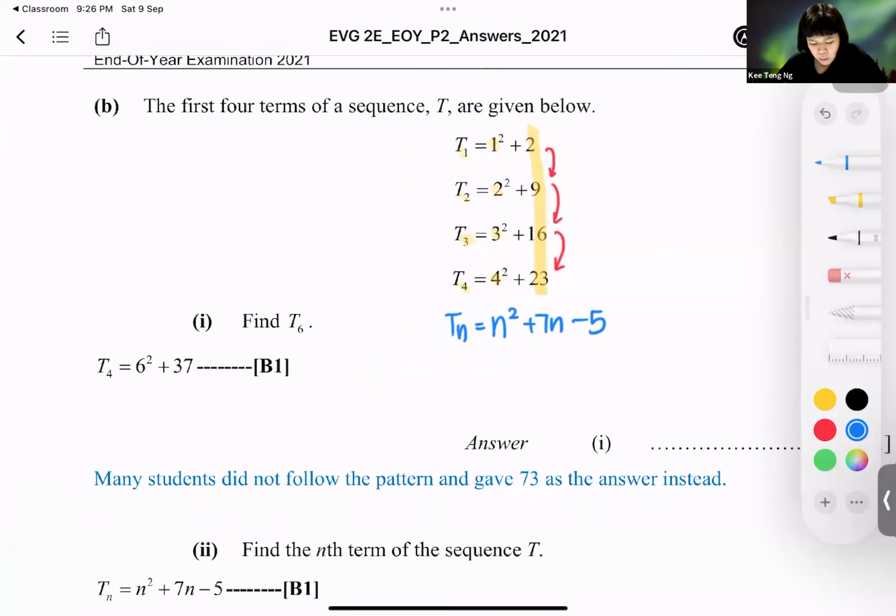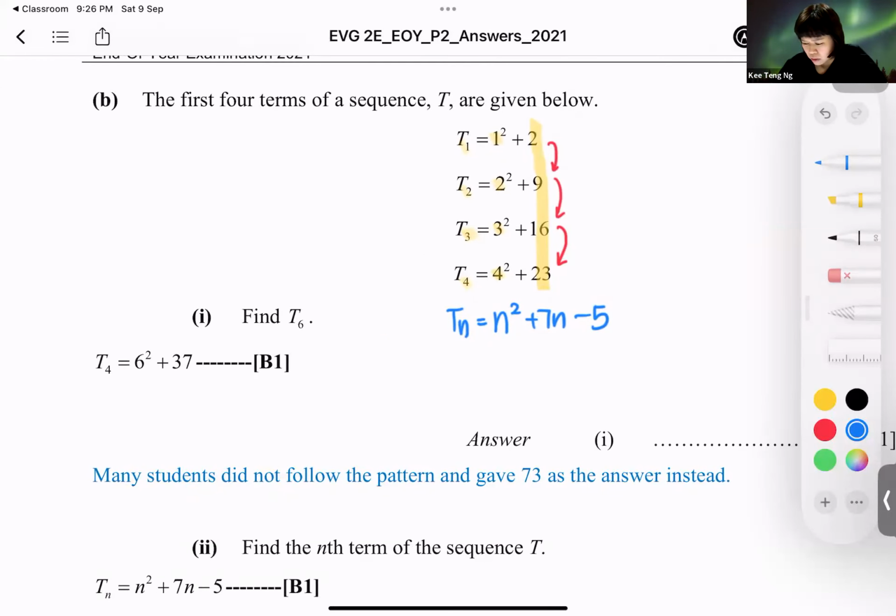Okay, and they want me to find the sixth term, so I just find the next one, 6 squared plus 37. Or, the fifth term was 30, add another 7, that will give you 37. If not, I will just simply substitute into this one since I already know it.